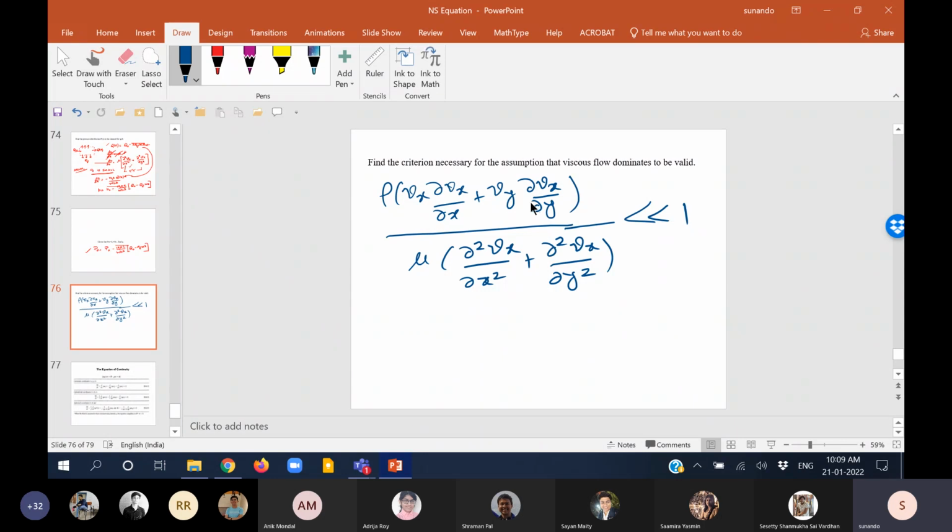So you need to apply your order of magnitude analysis to each of these terms. For example, the first one, del Vx by del x, is going to be of the order of d dx of q, which is the flow rate, divided by a.